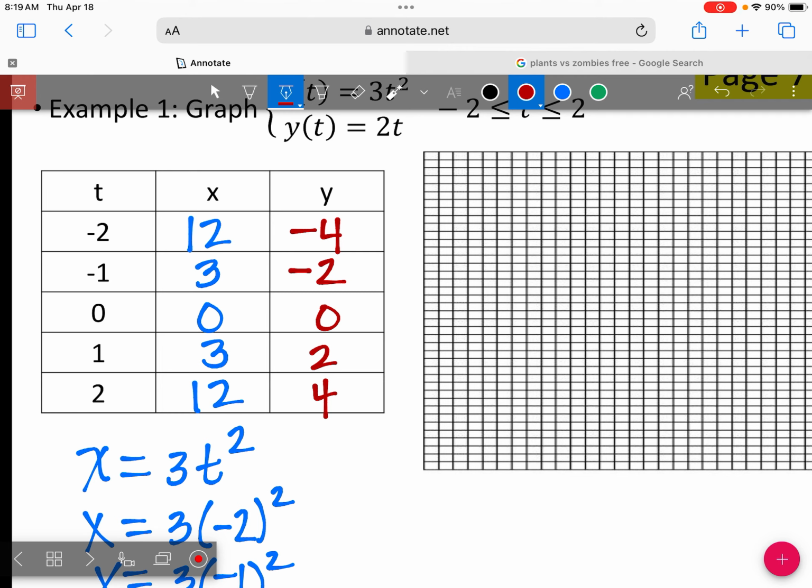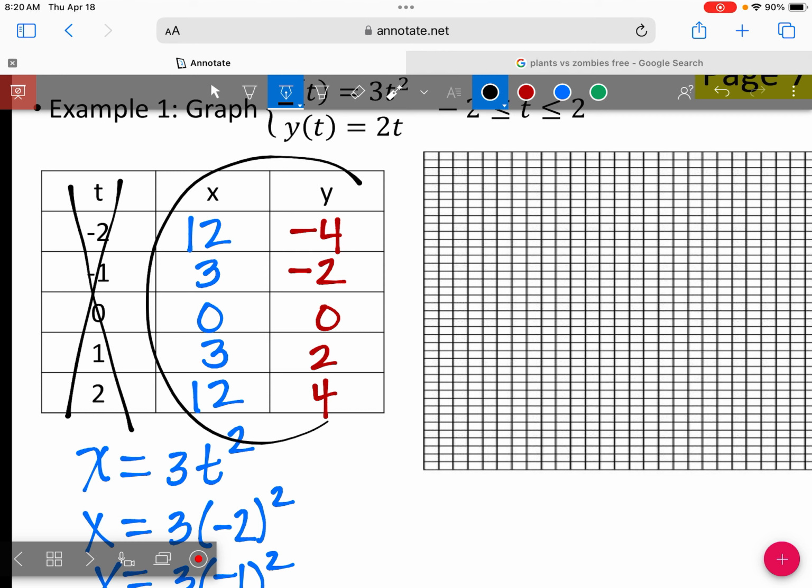So now to graph it, you're going to eliminate, because again, we're eliminating the T value, and we're only going to graph our X and Y. So we have these 5 ordered pairs that we need to graph. Notice that your grid does not have your X and Y axis. You need to determine where you put it. What I noticed is that for my X values, they're all positive.